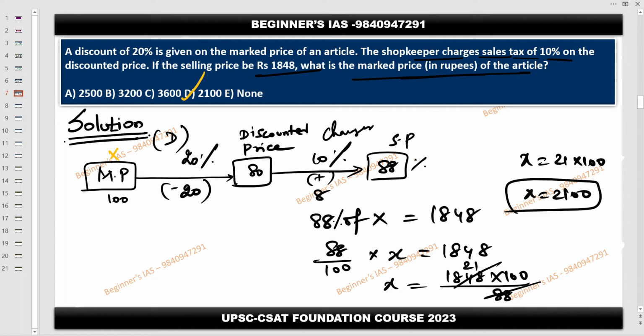So we don't know that MRP. The shopkeeper says 20% discount with respect to MRP. Then we put a sales tax only. That is the selling price out of that MRP. That MRP you don't know, right? That MRP is nothing but X. Whatever be the MRP.